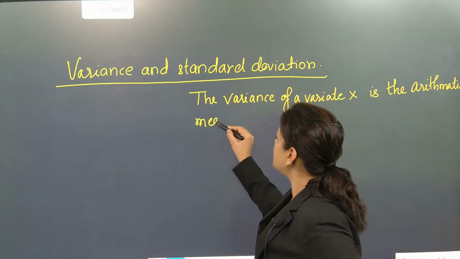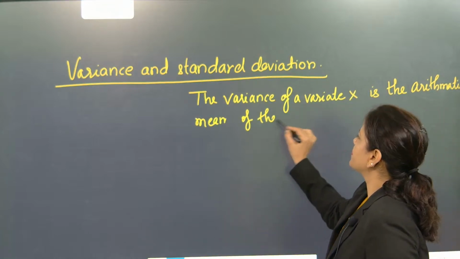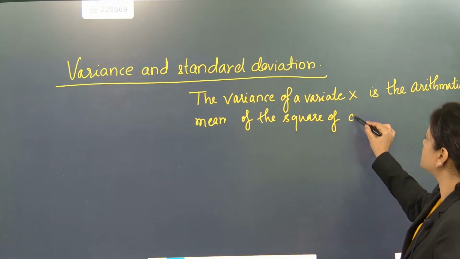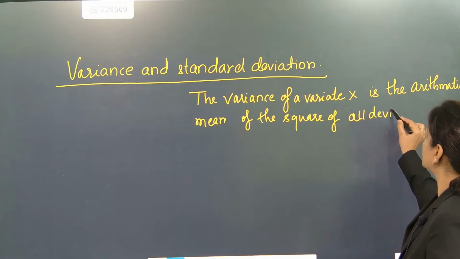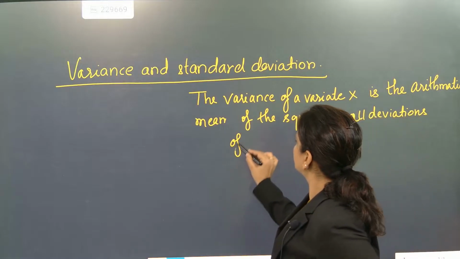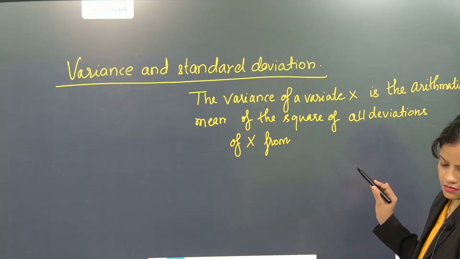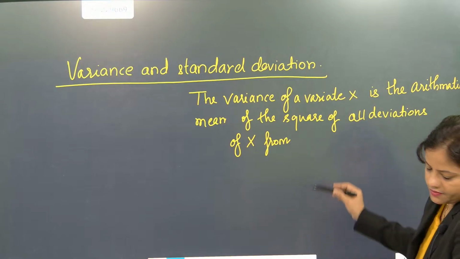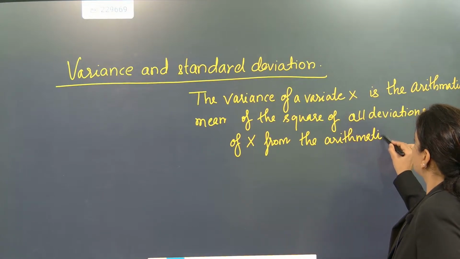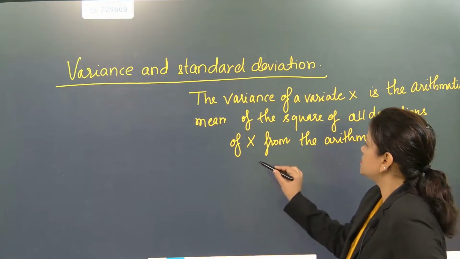Okay, arithmetic mean. First understand what it is in simple terms: the square of all deviations of x from the arithmetic mean of the observations.